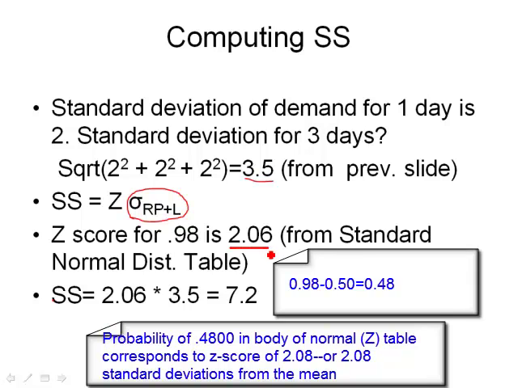So 2.06 standard deviations is going to give us a probability of 98%. So we multiply 2.06 standard deviations times the value of 1 standard deviation in our problem, and that gives us 7.2. So a safety stock of 7.2 is going to give us a service level of 98%.